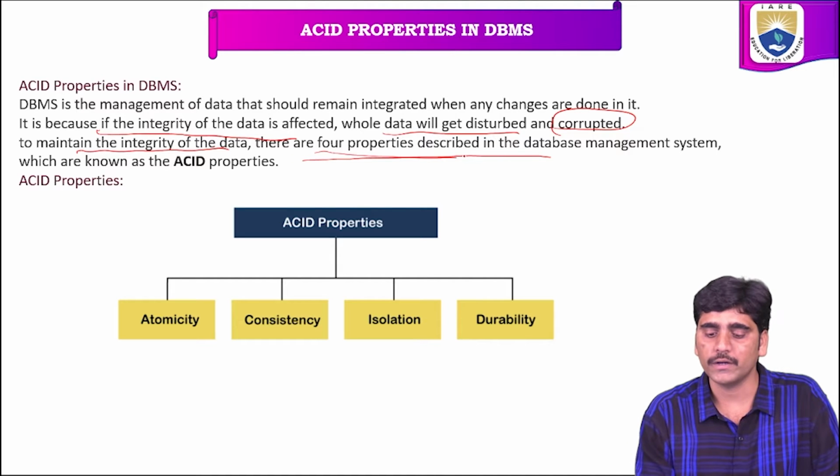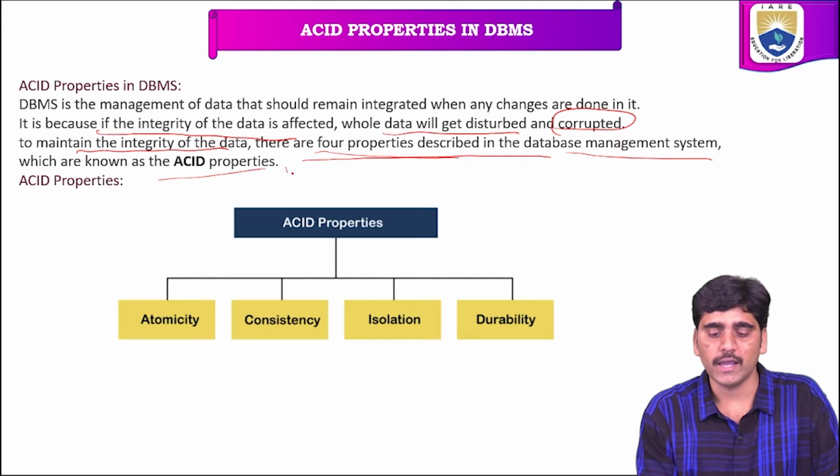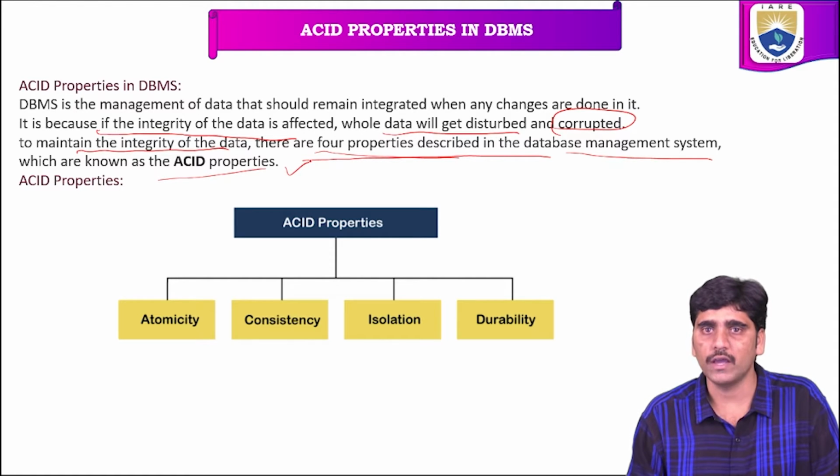There are 4 properties described in the DBMS, or database management system, which are known as ACID properties. The main purpose of knowing these ACID properties is to achieve data independence and to achieve the integrity of the database.